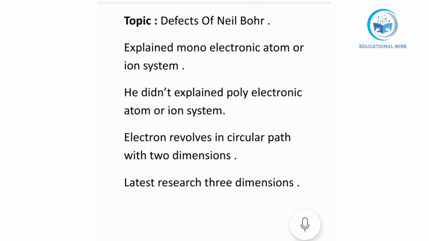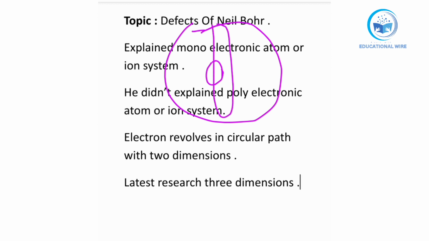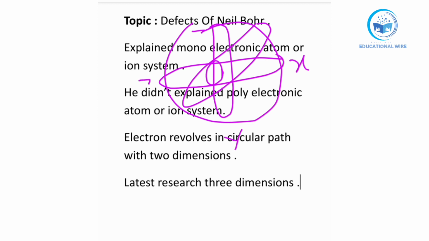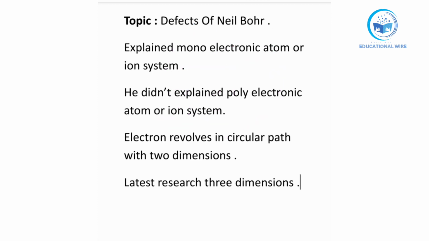So he was again wrong over here, as he didn't explain how it moves in two dimensions, why not three dimensions. So according to the latest research, I can make a diagram over here: here is a nucleus and electron. They said it's moving in three dimensions, like x-axis, y-axis and z-axis. X, y and z, these three axes. So he got it wrong over here.